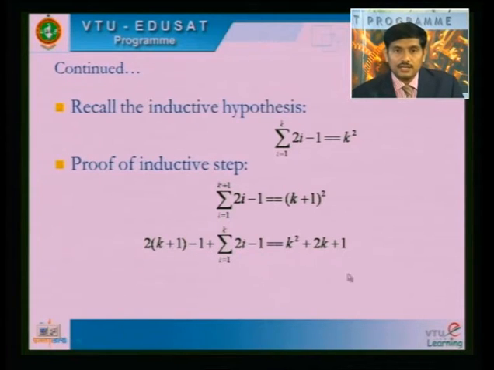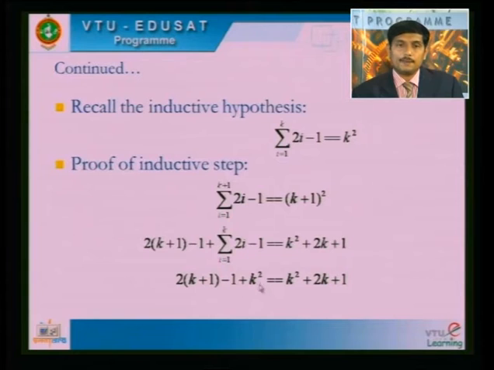Here the next term, the k plus 1th term, is 2 times k plus 1 minus 1. If you expand k plus 1 the whole square using the formula for a plus b the whole square, that is a square plus 2ab plus b square, you get k square plus 2 into k into 1 plus 1.